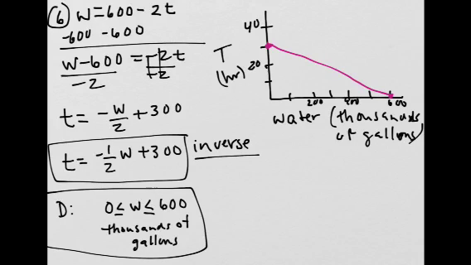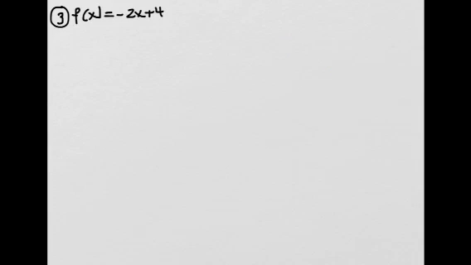So if you know how much water is remaining in the pool, then you know how much time the pool has been draining. So that's what this equation tells you. The last 4 problems, 3 through 6, just ask you to find the inverse. You don't have to use composition to prove that they are truly the inverse of each other, and you don't have to graph. You just have to find it algebraically.